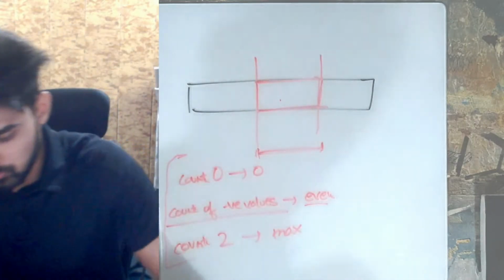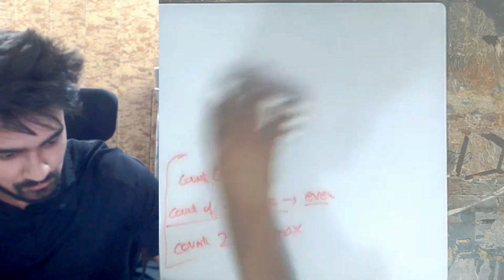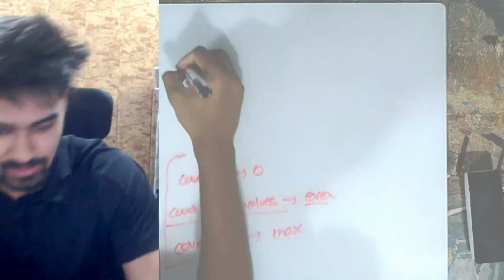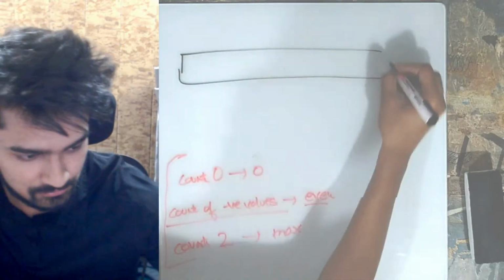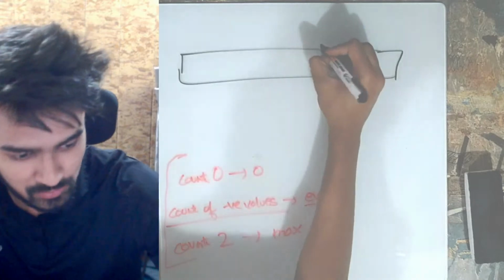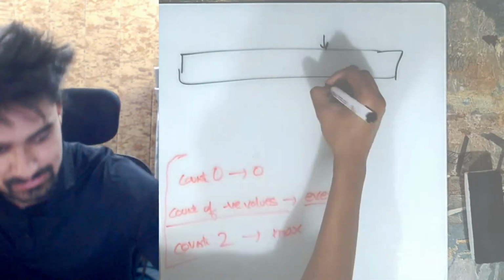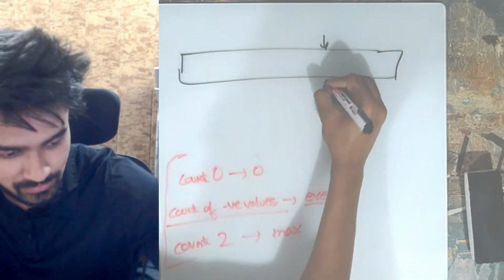So how to do this? What I'll actually do is, let's say I had this array and I was iterating over it, and let's say I was at this certain index. Let me assume that this is my right side.